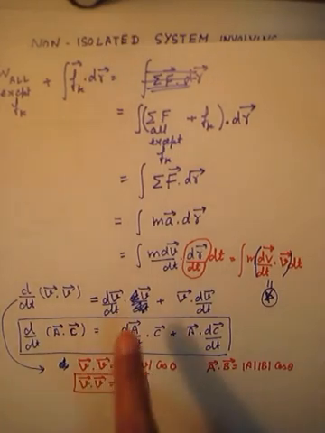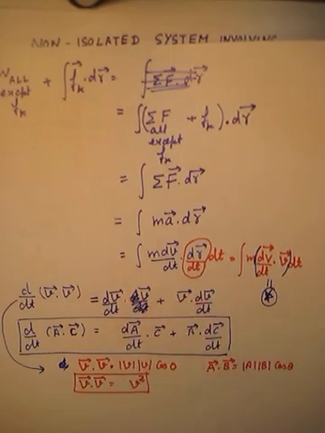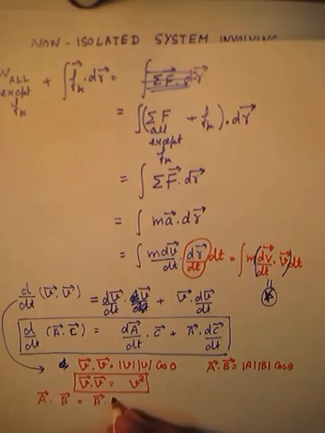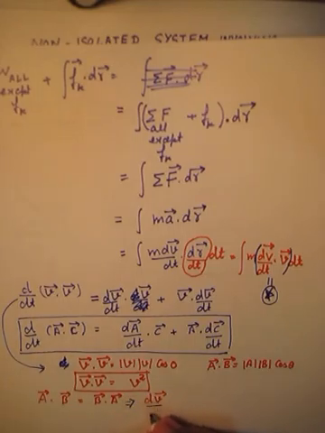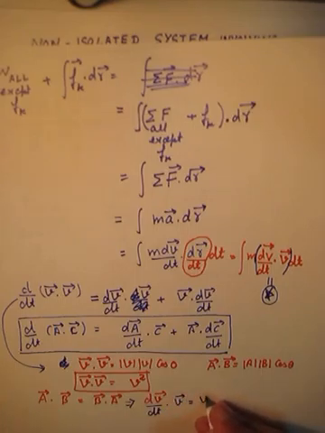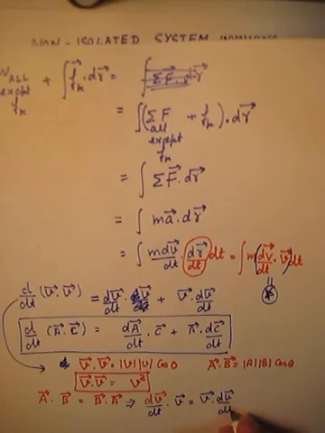Okay. Similarly, now we can add these two, but how and why? This is because a vector dot b vector is equal to b vector dot a vector. That is why we can say that dv vector upon dt dot v vector should be equal to v vector dot dv vector upon dt.